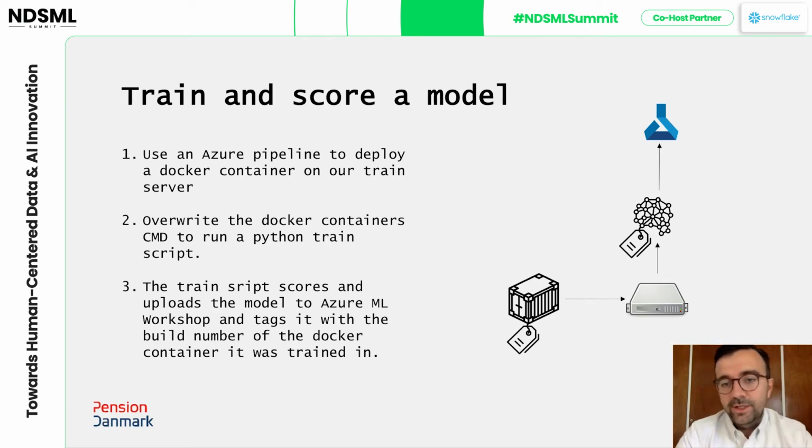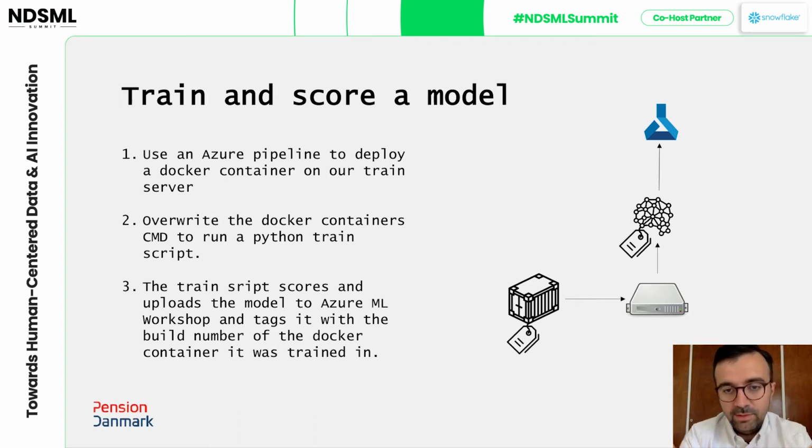And then that could be triggered every Sunday. Anyways, our Docker containers are set up to run a Python script on launch that launches a Flask API, which then serves this ML model to the outside world.